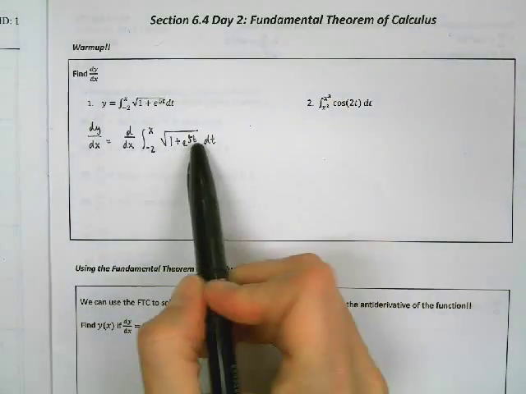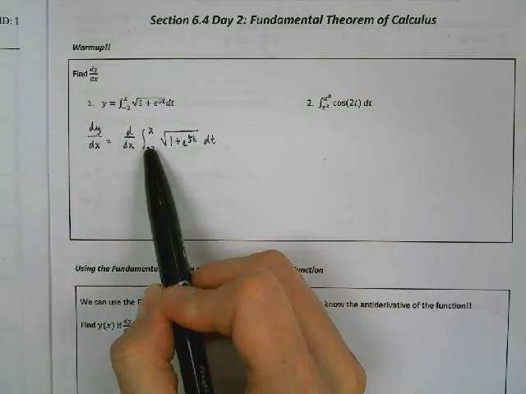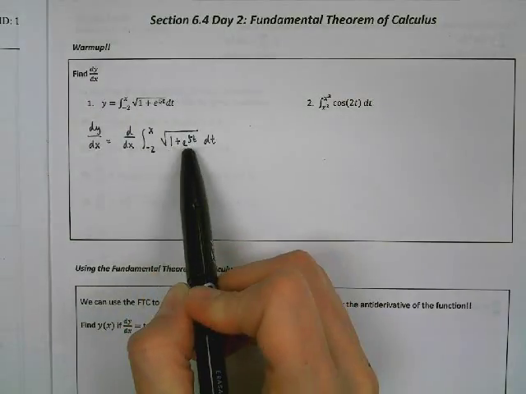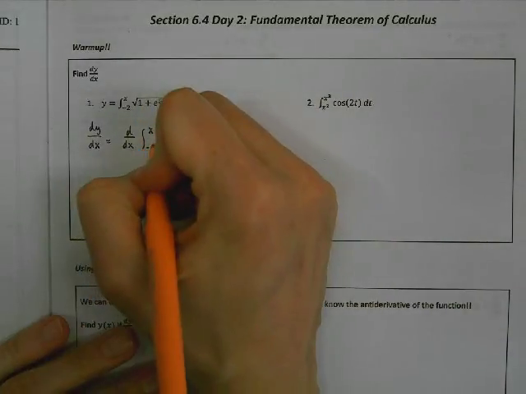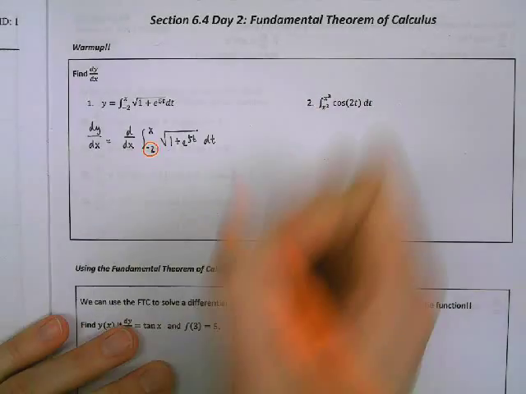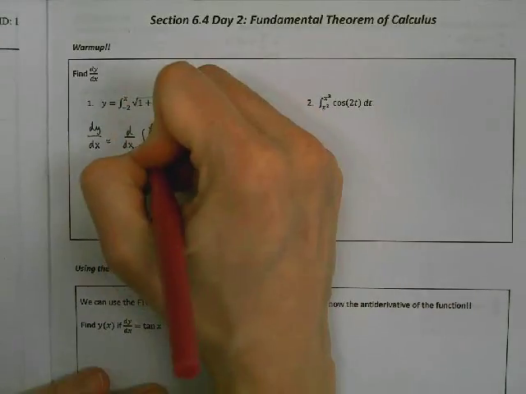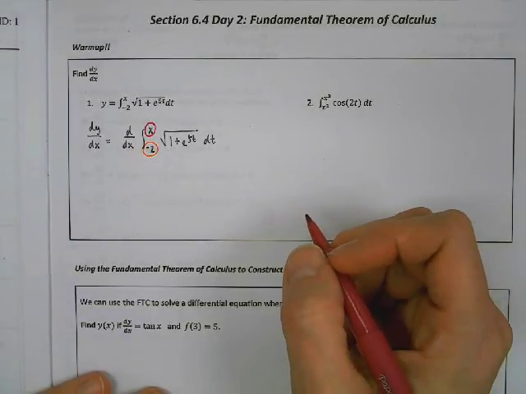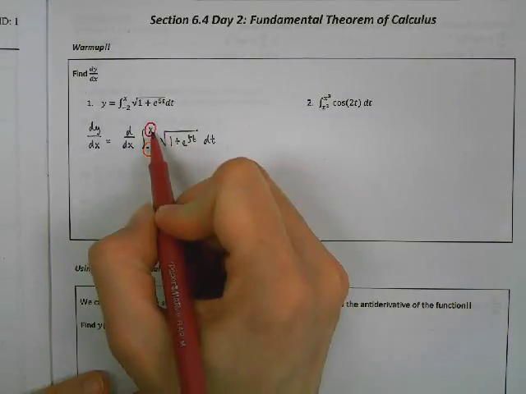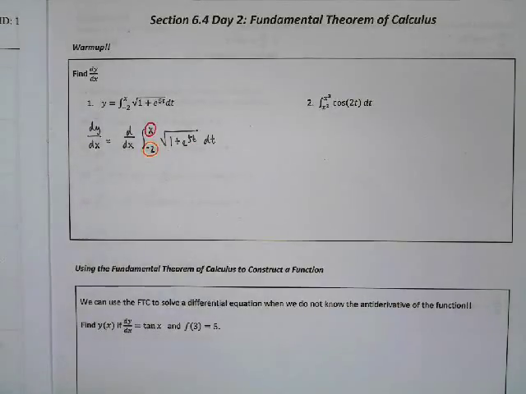And remember, we said we have these dummy variables here because we don't want to match the limits of integration, and that'll be really important today. But remember, with what we've done so far, we said as long as our lower limit is a constant and our upper limit is just x and not a function of x, when we take that derivative, all we're going to do is substitute the x wherever we see a t.